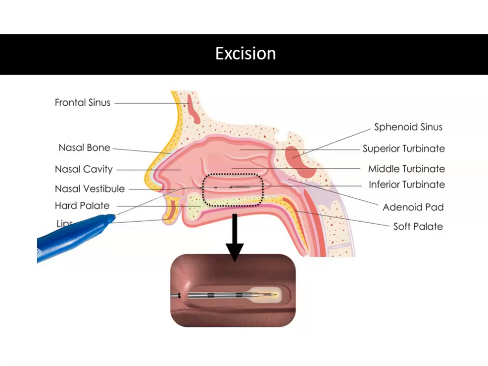The code includes one or more polyps, and they're divided, again, simple versus extensive. Also take note of the use of modifier 50 when it applies.